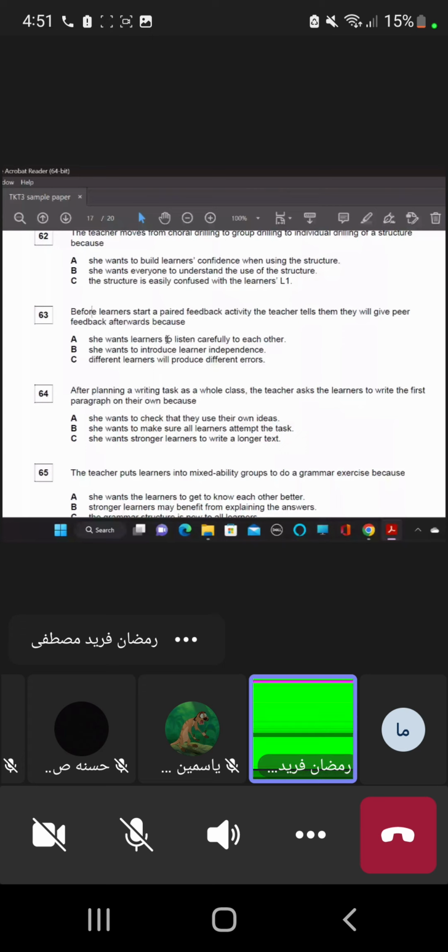We will start a paired feedback activity because, meaning she will give a reason for doing paired feedback. What is the reason they might do paired feedback? Because she wants learners to listen carefully to each other, or she wants to introduce learner independence, or different learners will produce different errors. Of course, which number?